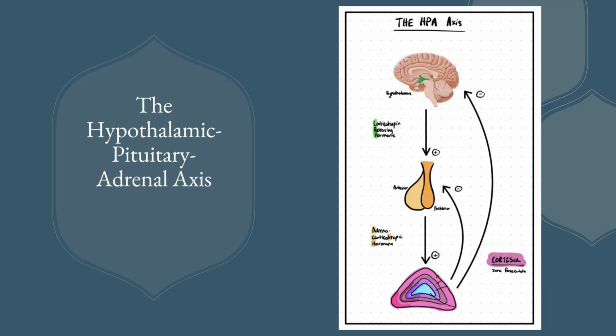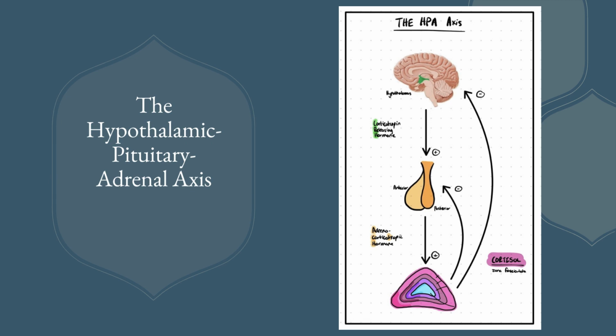So we talk about the hypothalamic pituitary adrenal axis, the HPA axis, and endocrinology is based on negative feedback loops, and this is one of the best examples of that. The hypothalamus regulates the pituitary gland, the anterior pituitary specifically, which regulates the adrenals through negative feedback.